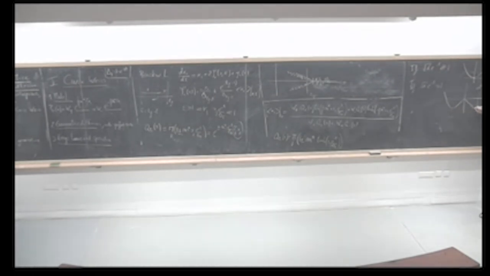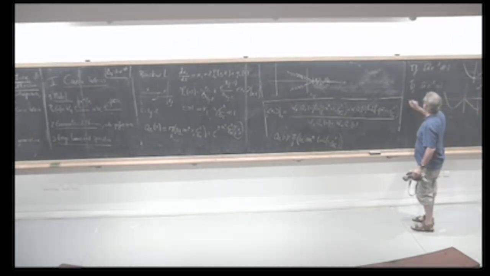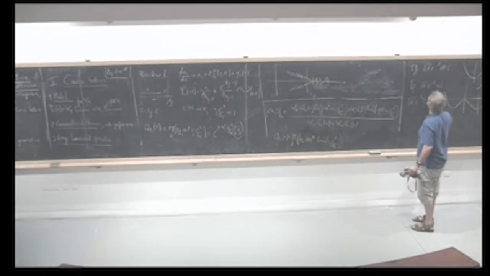Okay? So this is what we call the speciation time. The speciation time is defined by square root of d e to the minus t speciation is equal to 1. So it is 1/2 of log of the dimension.